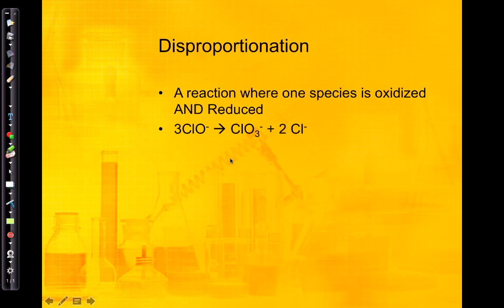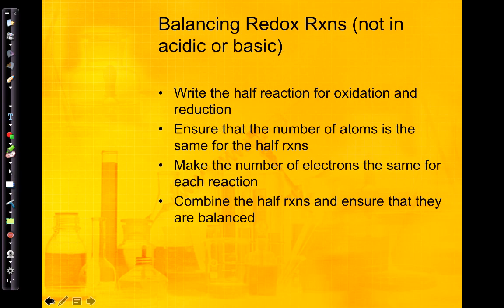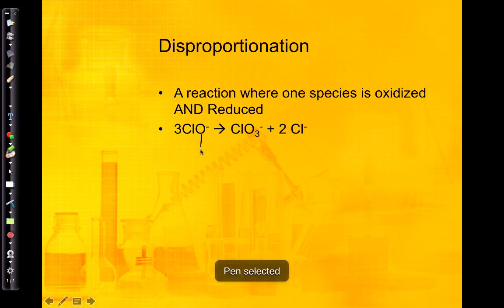All right, now this is a special type of redox reaction. It's disproportionation. And essentially what this is where one thing in the reaction is actually oxidized and reduced at the same time. So when we look at this, oxygen has an oxidation number of -2.